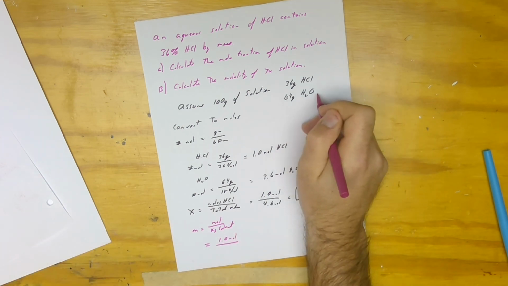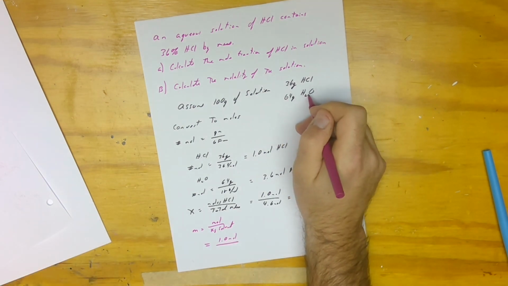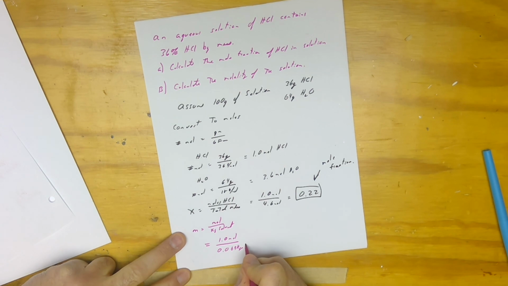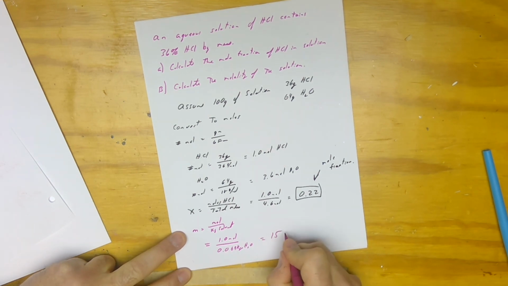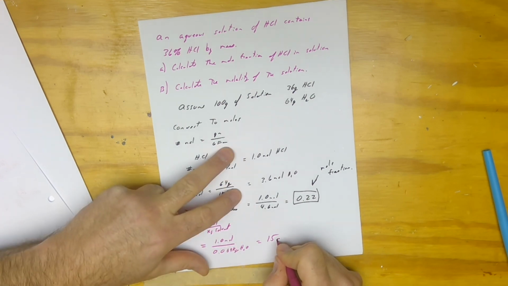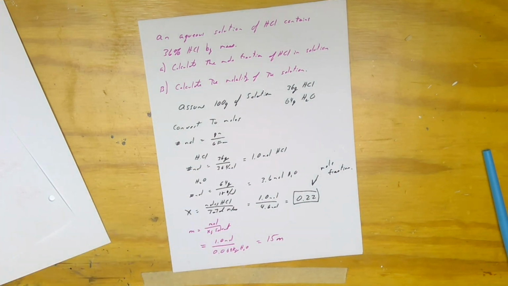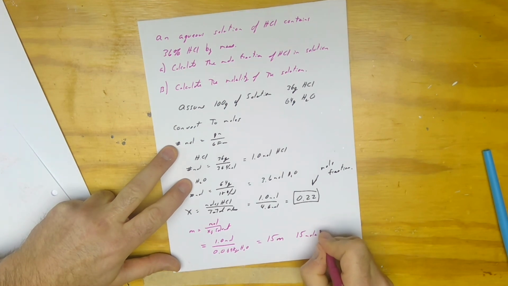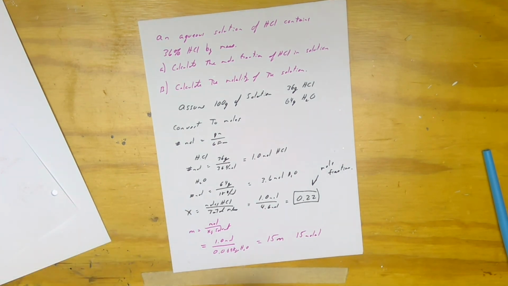We had 64 grams of solvent. I'm going to convert that to kilograms. So we have 0.064 kilograms of H2O. And our molality would be 15 small m. So this would be called a 15 molal solution.